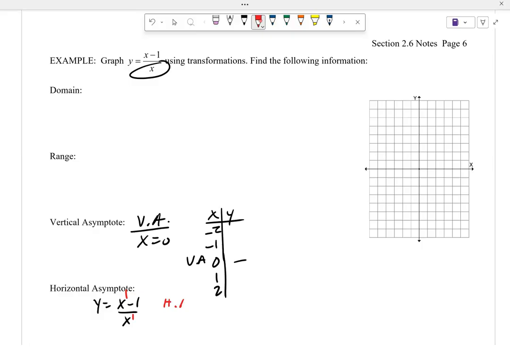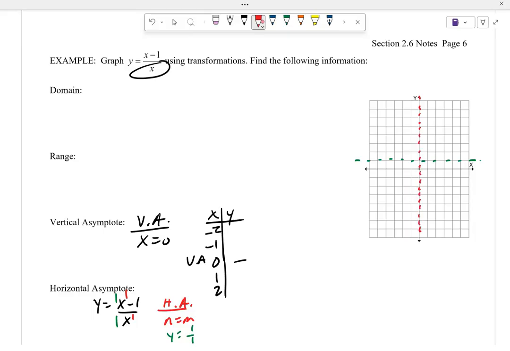If n equals m, if the degrees are the same, then I take the leading coefficients. So y equals 1 over 1, so y equals 1.